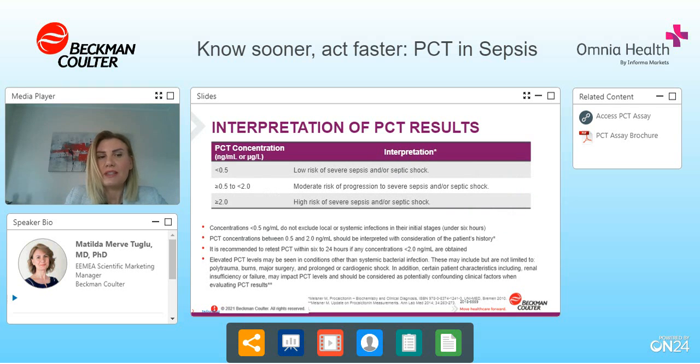Procalcitonin concentrations that are less than 0.5 nanogram per milliliter may predict low risk of severe sepsis or septic shock, and procalcitonin levels between 0.5 and less than 2 nanogram per milliliter may predict moderate risk of progression to severe sepsis or septic shock, and levels that are equal to or higher than 2 nanogram per milliliter predict high risk of severe sepsis and/or septic shock.